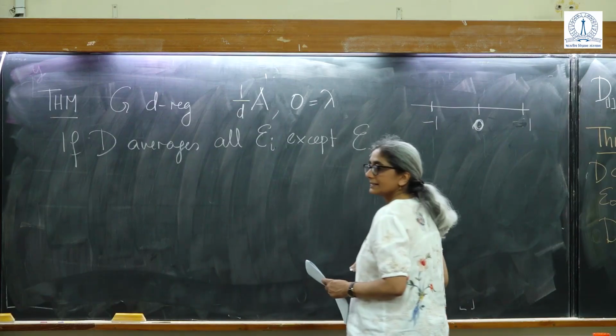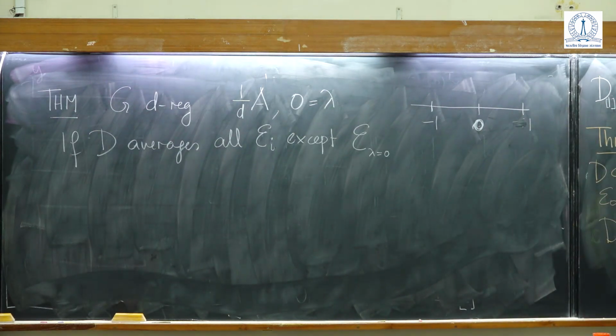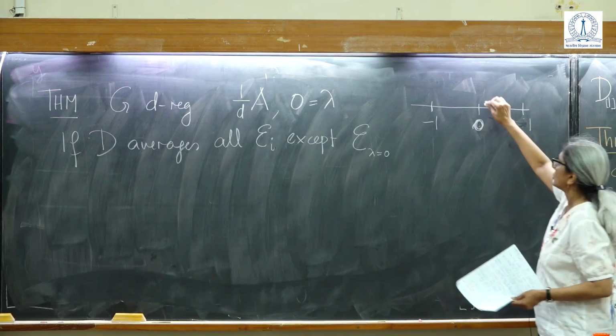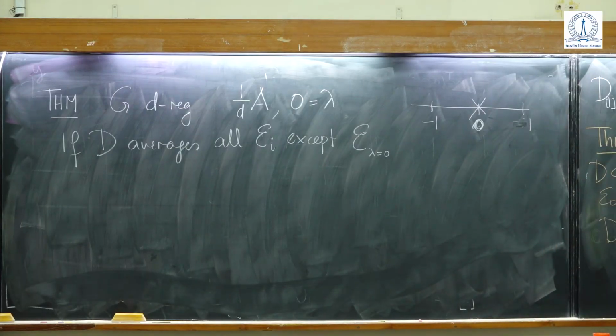Let me write it like this, okay? So this is not E0. I've changed the matrix, so it's a different spectrum, and this one is kind of the middle eigenvalue. So I don't want to average this eigenspace, but I want to average everything else. This is an example of an extremal design. We're leaving out one eigenspace, but averaging everything else, okay?